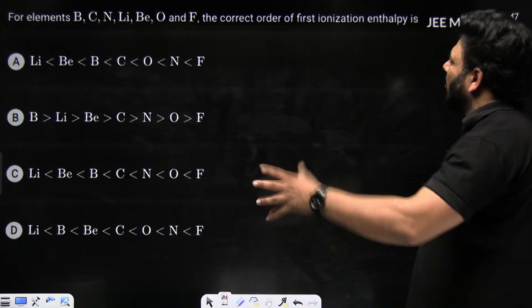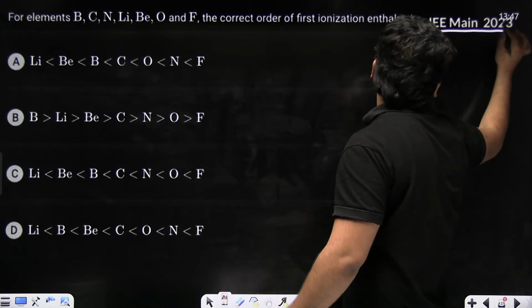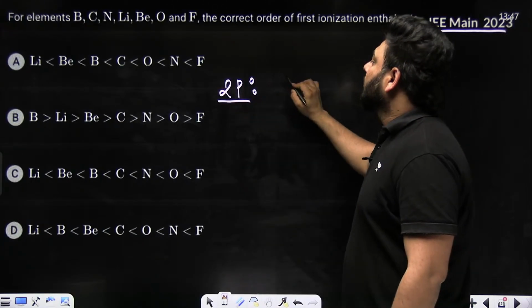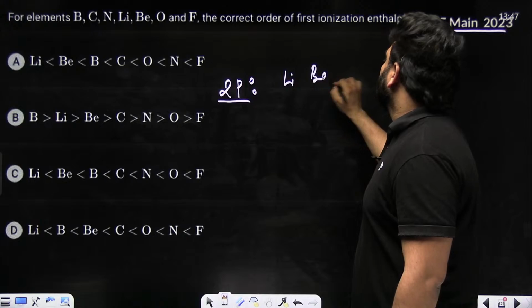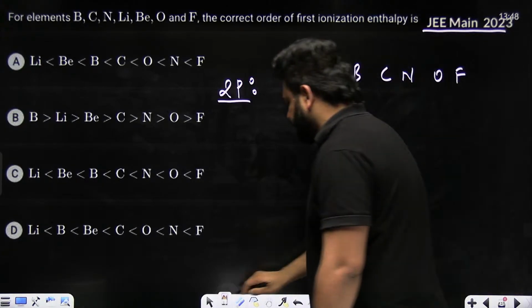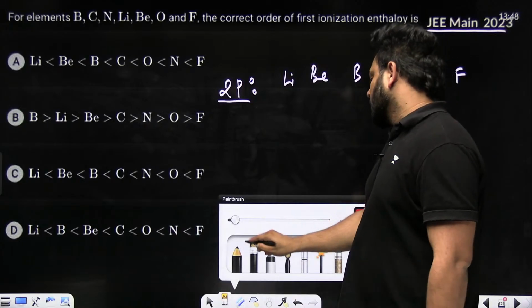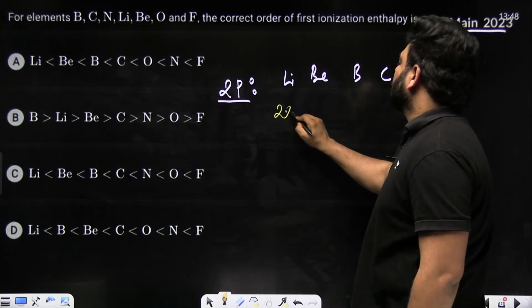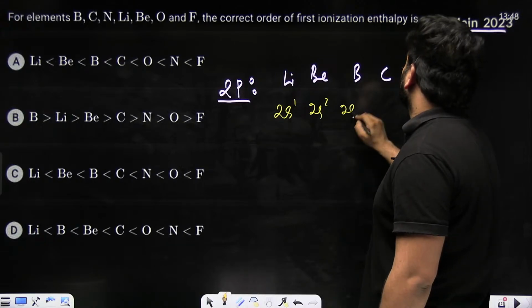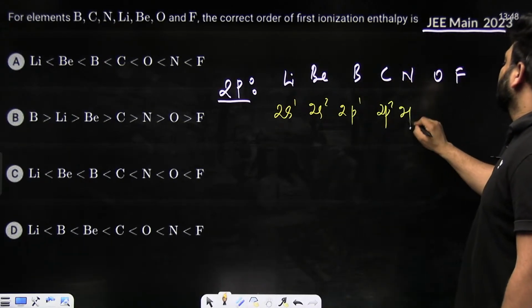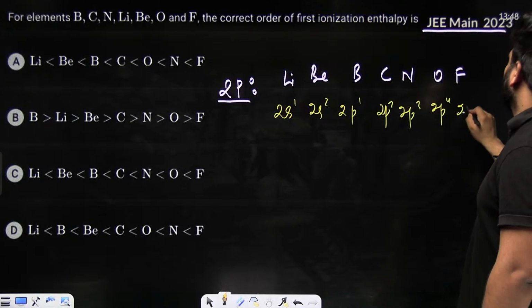Next question. We all know about the second period series. It was asked in JEE Main 2023. We know the 2p series, second period. We have lithium, beryllium, boron, carbon, nitrogen, oxygen, fluorine. So writing their electronic configuration: 2s1, 2s2, 2s2 2p1, 2p2, 2p3, 2p4, 2p5.